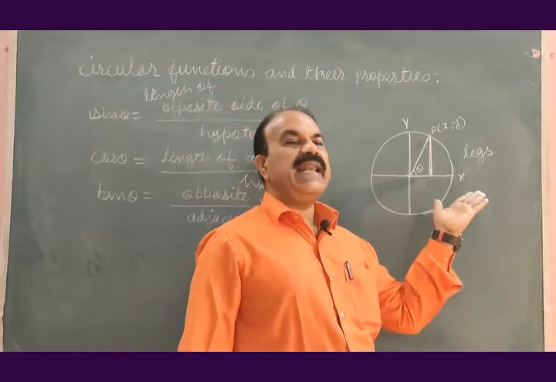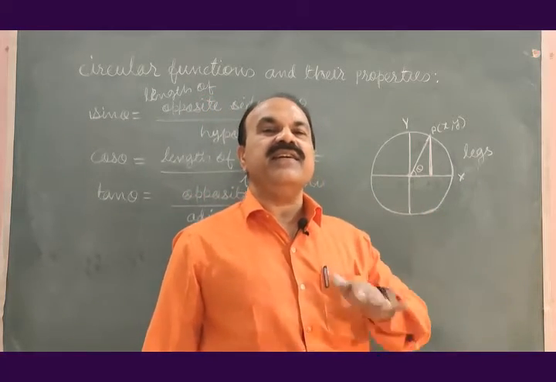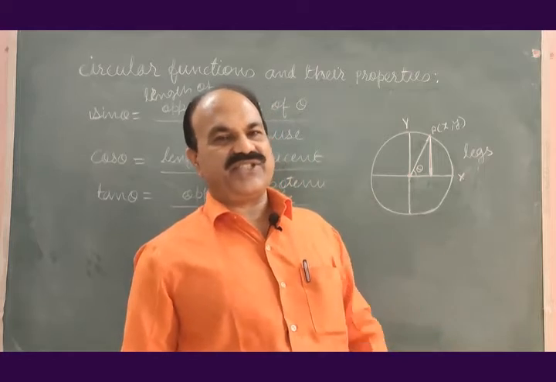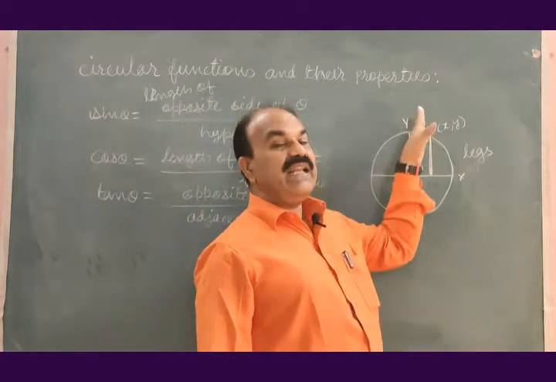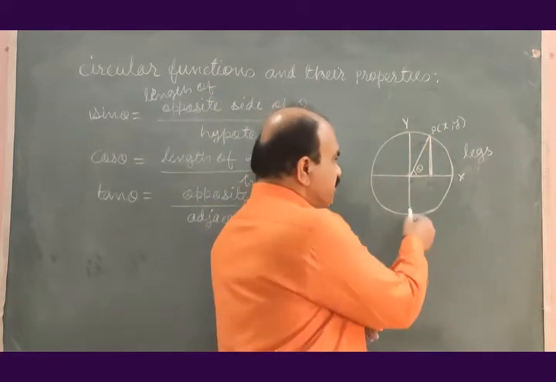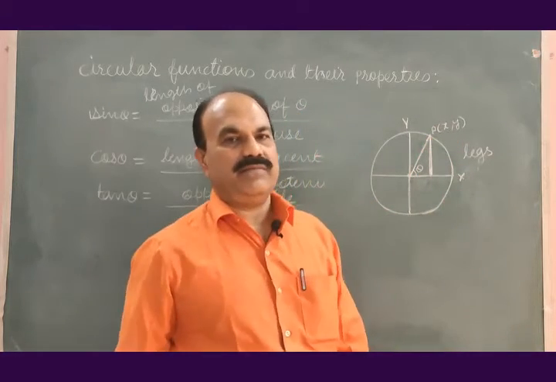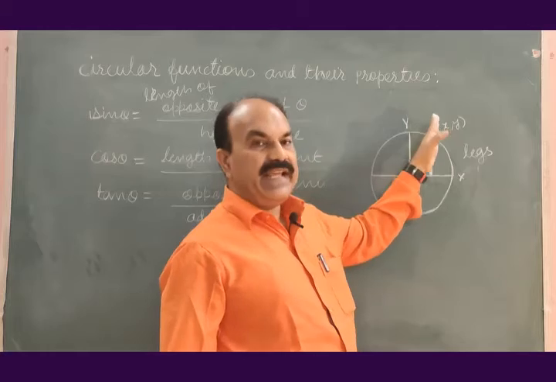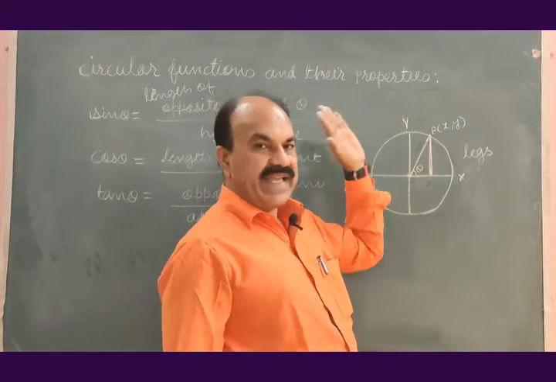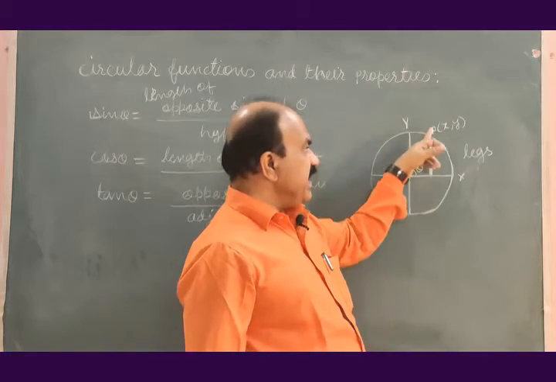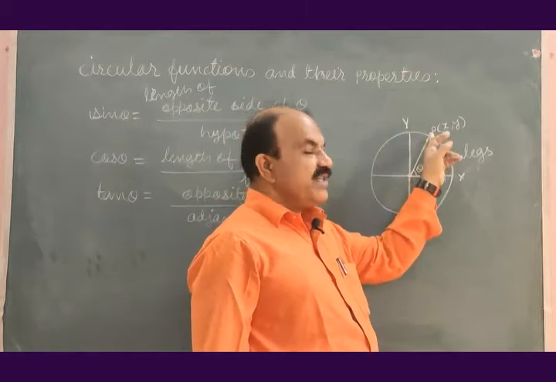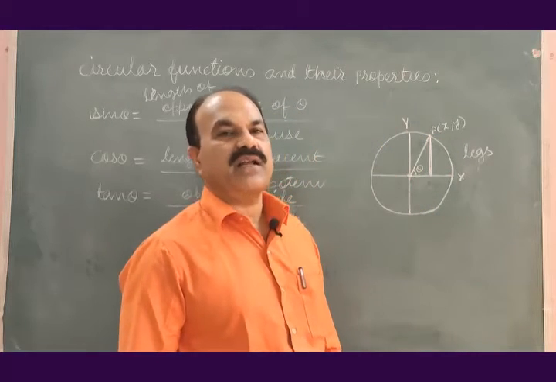The horizontal leg is lying on the x-axis. The vertical leg is parallel to the y-axis. It meets the hypotenuse on the circle.